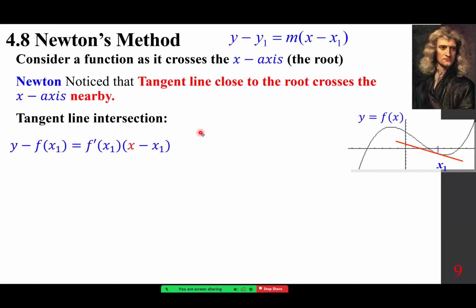We want to look at the next step, and that would be, what is the x-intercept for this tangent line somewhere here? The x-intercept by definition is this point. You set y equal to 0. So if you set y equal to 0 here, replace this one with 0.